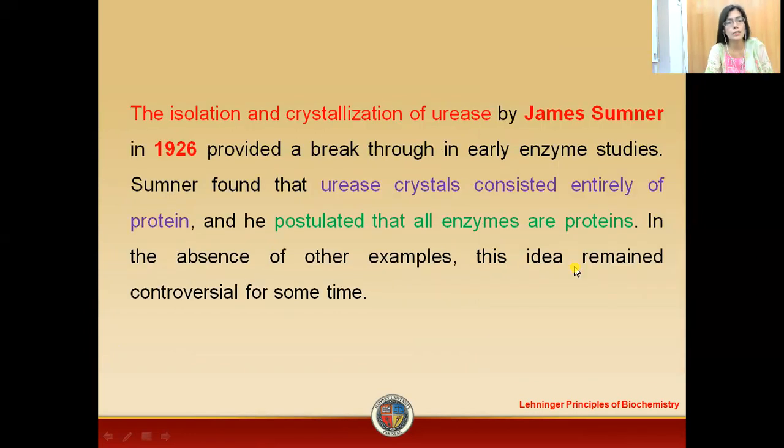In 1926, there was isolation and crystallization of the enzyme urease by the scientist James. Urease was studied in detail by James, and he worked very much on that enzyme. After studying urease, he postulated that enzymes are actually proteins.